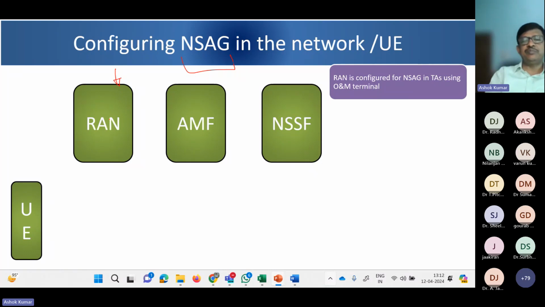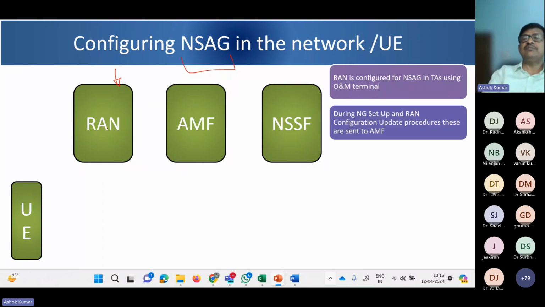For every gNodeB, maybe from a central location, or maybe through a script, those things can be configured through an O&M terminal. Or when a RAN is installed and commissioned, at that point of time, AMF can configure it and define those TA-wise groups.